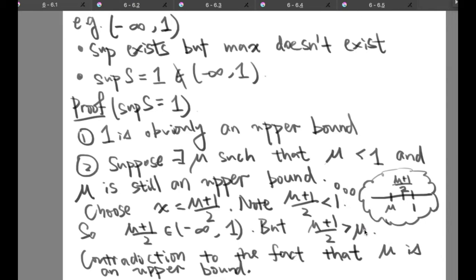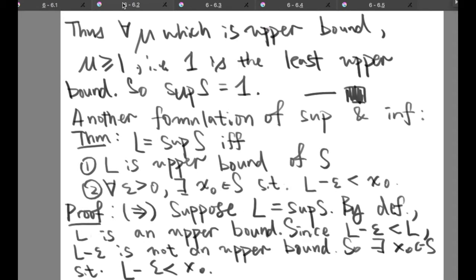Therefore, this is a contradiction to the fact that mu is an upper bound. Therefore, the negation of our statement is that for all mu which is an upper bound, mu is bigger than or equal to 1, so 1 is the least upper bound. So from the definition, the supremum of S should be equal to 1.